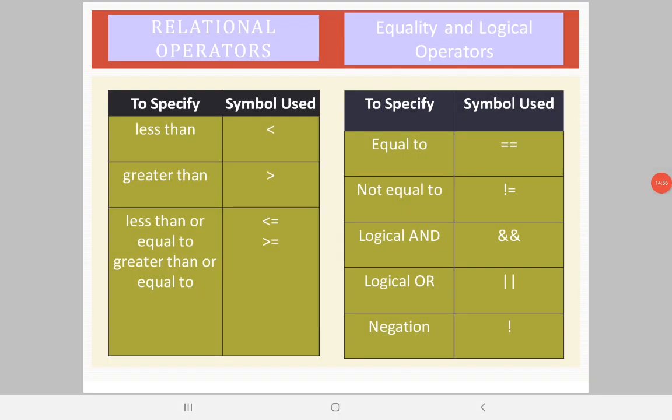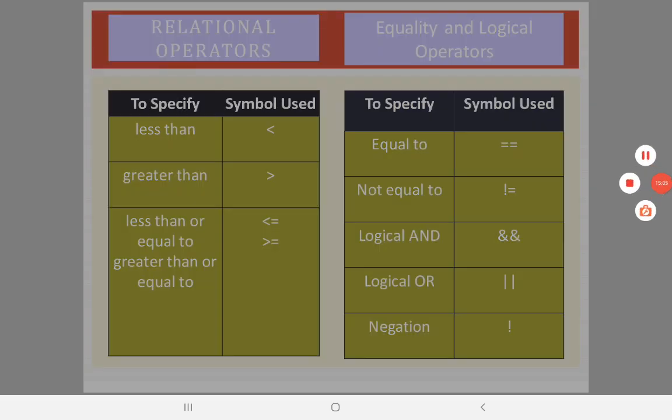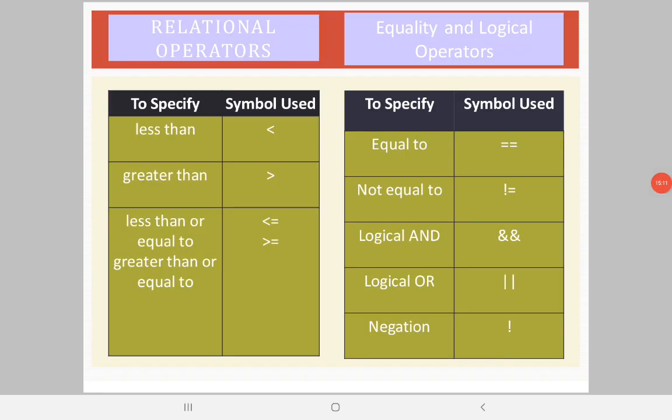So what are relational operators? Relational operators are less than, greater than, less than or equals to, greater than or equals to, and not equals to, like that. Why do we require relational operators?